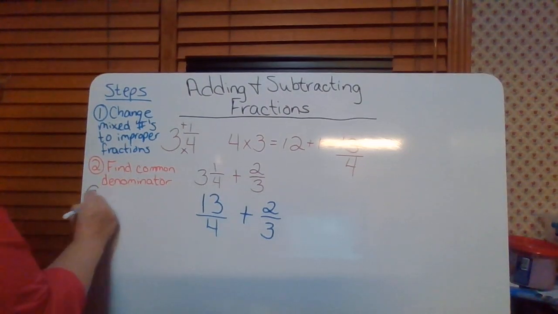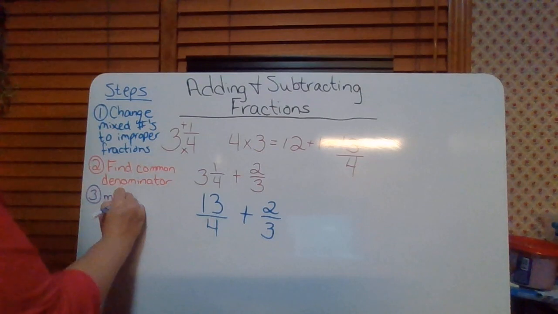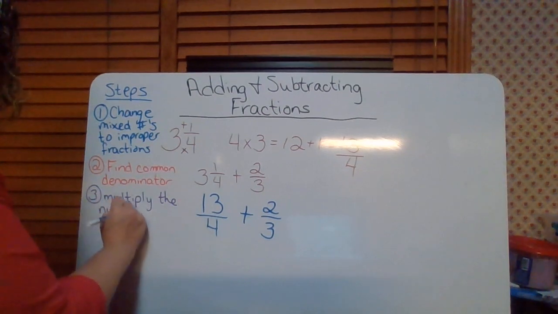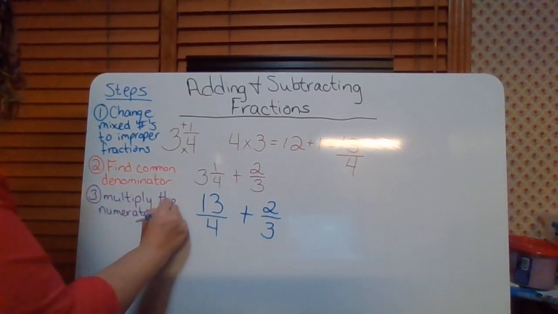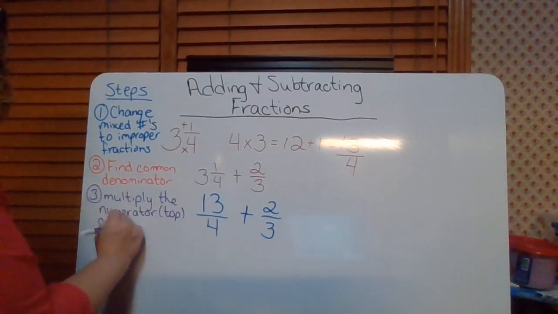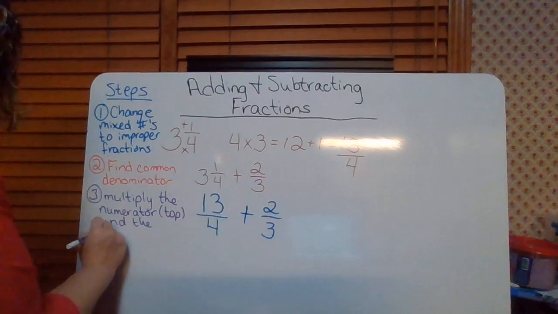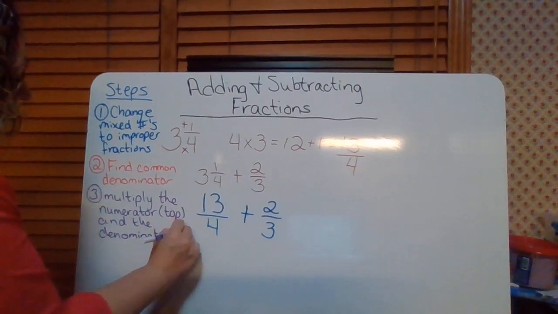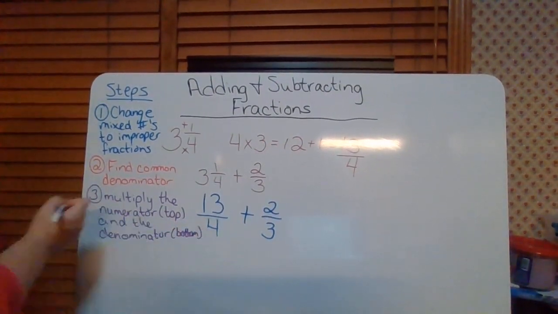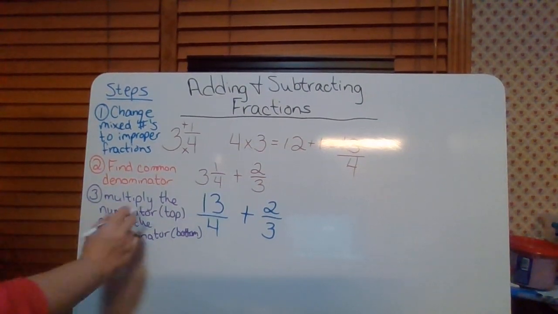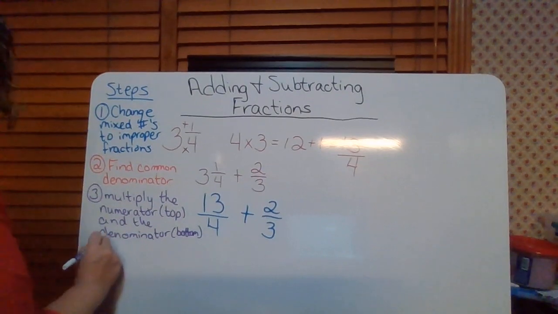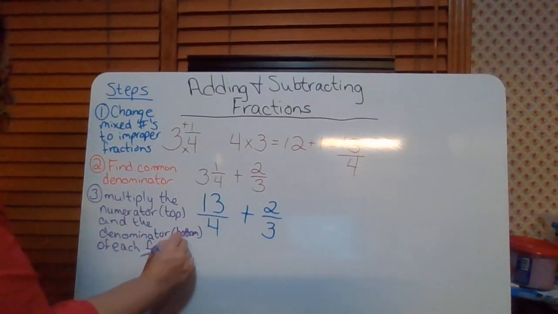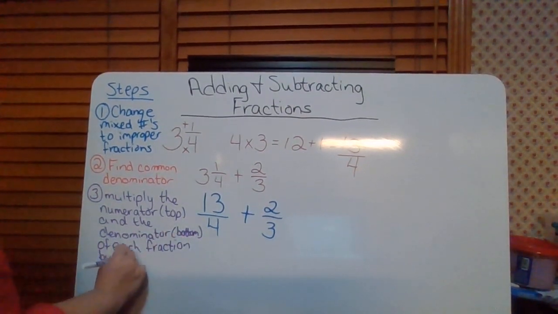So your third step is to multiply the numerator, which remember is your top, and the denominator, which is your bottom, of each fraction by the opposite denominator.